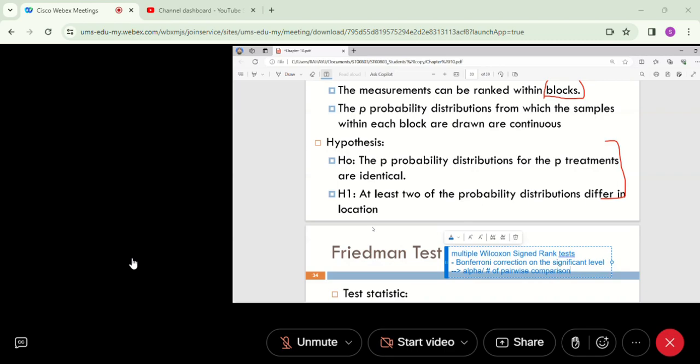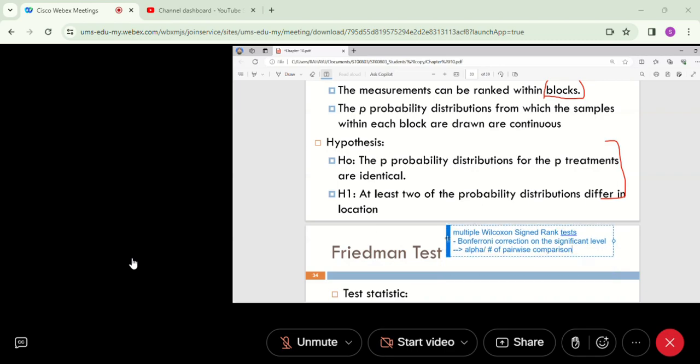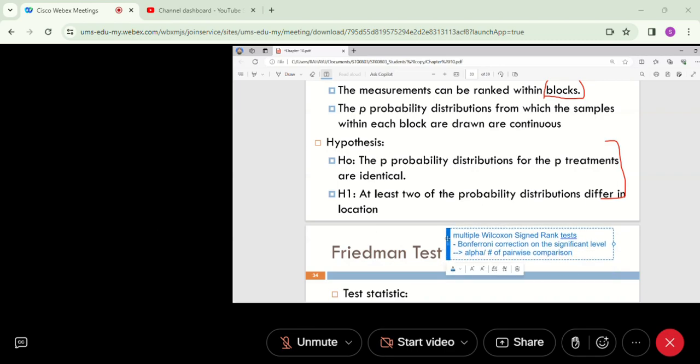Okay, so that's how we do the multiple comparison. We can do multiple Wilcoxon signed rank tests, and then we need to do Bonferroni correction on the significance level, where the alpha will be divided by the number of pairwise comparisons.